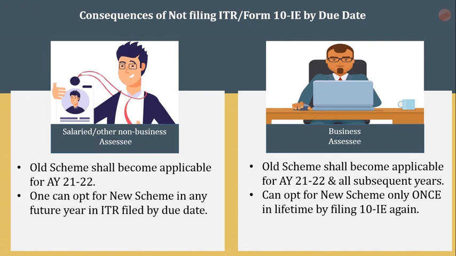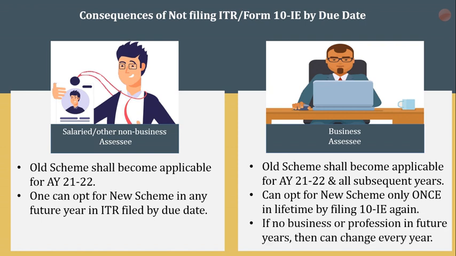This change of scheme is allowed only once in the lifetime of the business, in which case he has to file Form 10IE again. Obviously, if there is no business or profession in future years, then he can revert to the scheme every year like a non-business person. So, in fact, a business assessee will be converted to a non-business assessee, in which case the scheme can be changed every year.